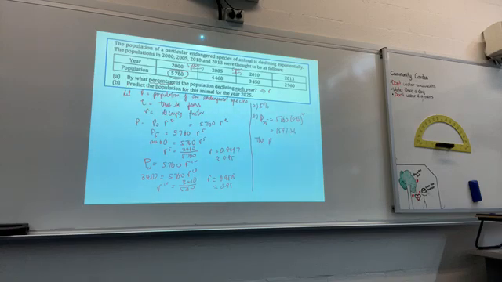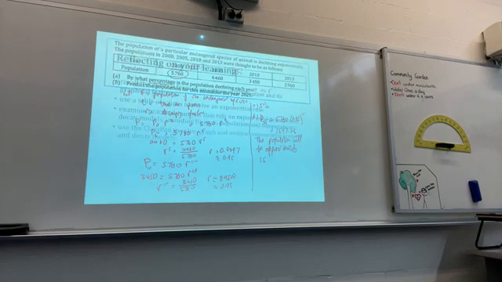The population will be approximately 1597.26, or 1600. I use 1600.